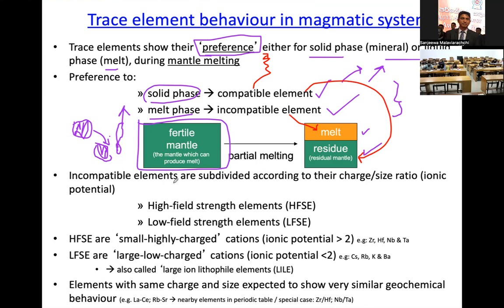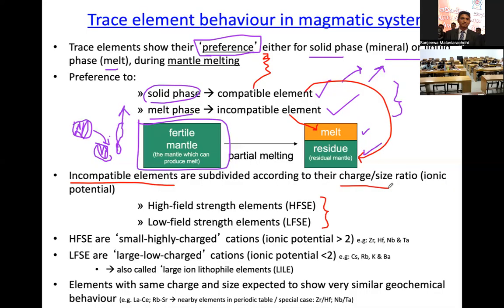So the incompatible elements, that means the elements which have the preference to be incorporated into the melt, can be divided into two groups: high field strength elements and low field strength elements. Actually, this division is based on their charge, their valency, and the size of their ionic radii.